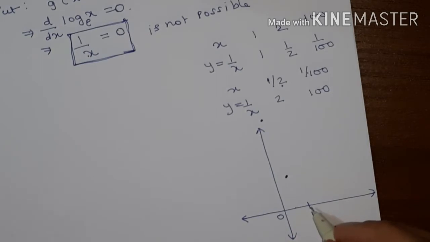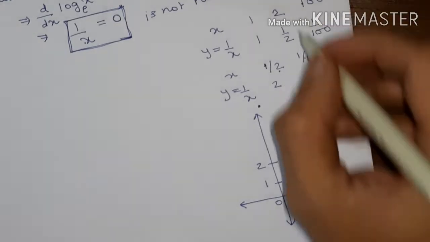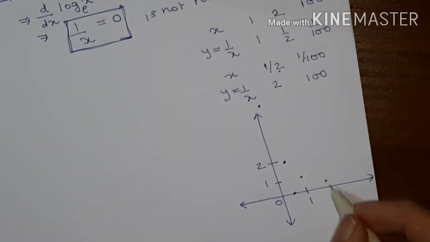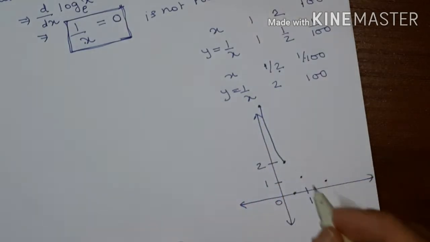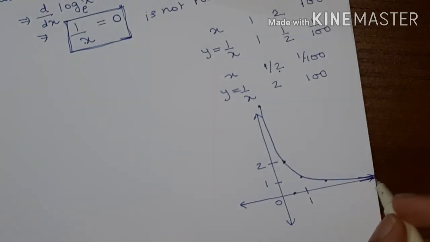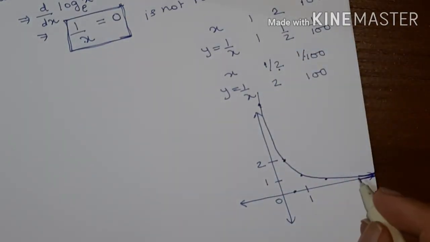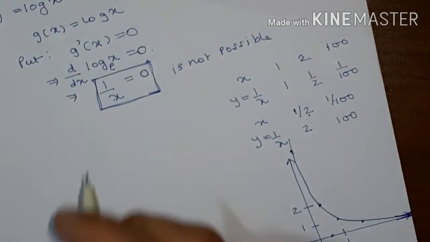At 1 it is 1, at 2 it is half, so the function will be somewhat like this. It never becomes 0, and it increases to infinity. It will be very very close to 0 but never becomes 0, so this is not possible.